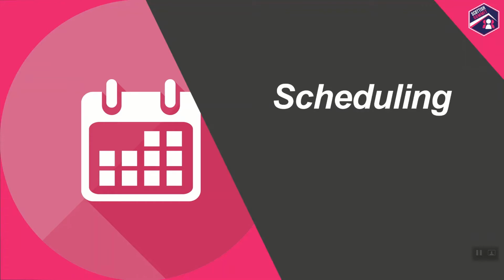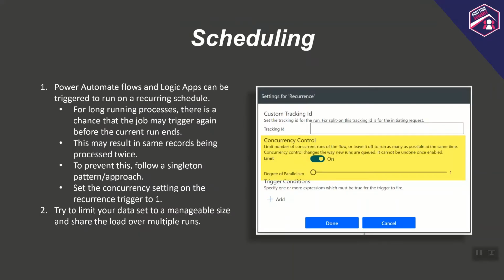Let's move on to the final section of the presentation, how to schedule, and some tips around scheduling and working with large data sets. In Power Automate and Logic Apps, you have a trigger called recurrence. A recurrence trigger is there to define scheduling of a job.